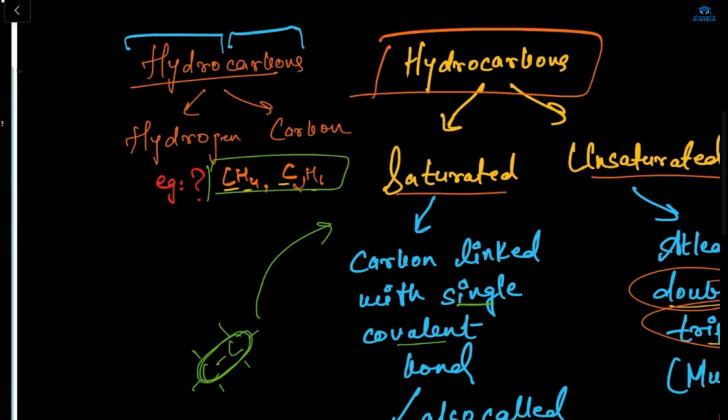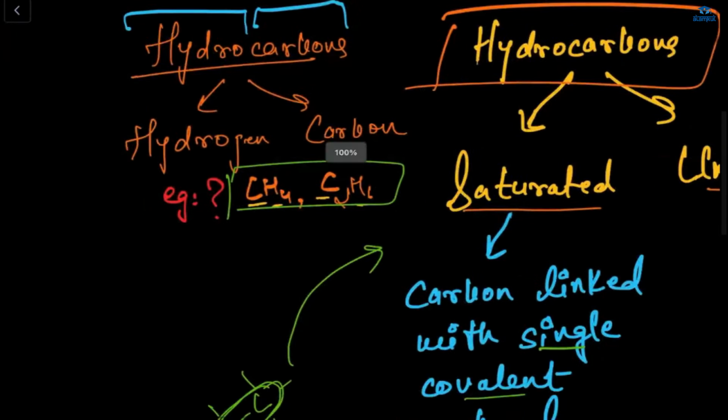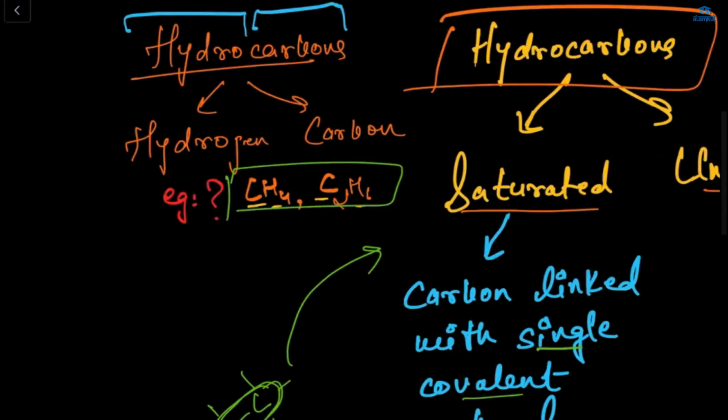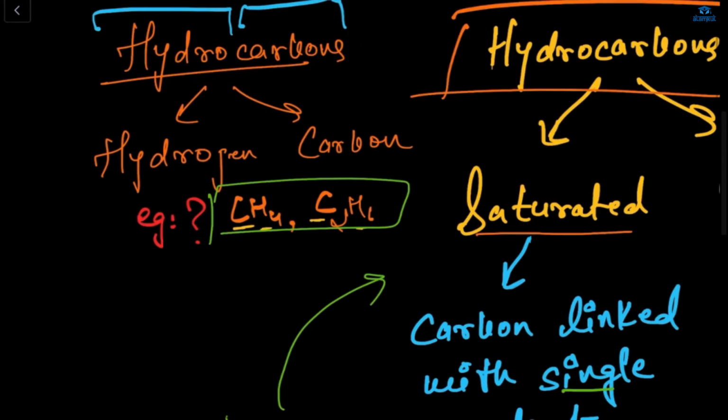Okay, let me tell you very quickly because we have already discussed all these. Hydrocarbon consists of two things: first, your hydrogen and your carbon. For example, CH4, C2H6.